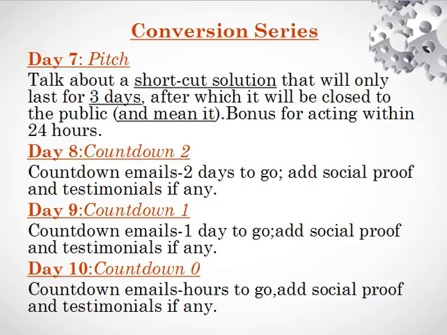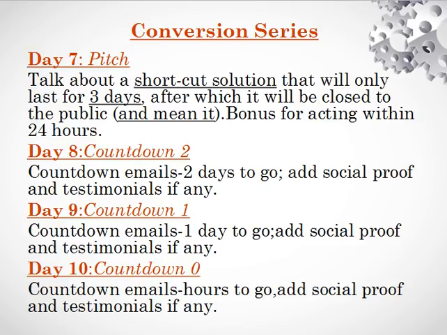You get it? Now on day 8, you send a series of emails. Sometimes when you're doing a countdown, you could send probably 2 emails a day. You send countdown emails, 2 days to go, and then you add social proof and testimonials if you have any. You could say so and so number of persons have opted in or have taken up this offer.